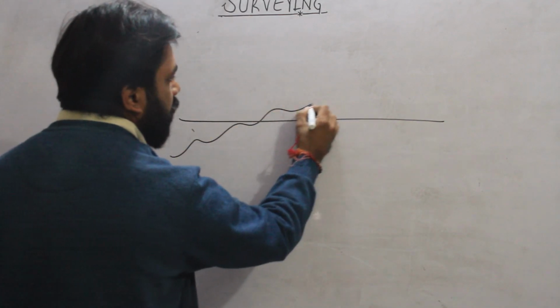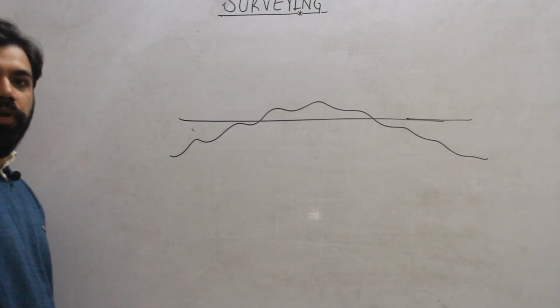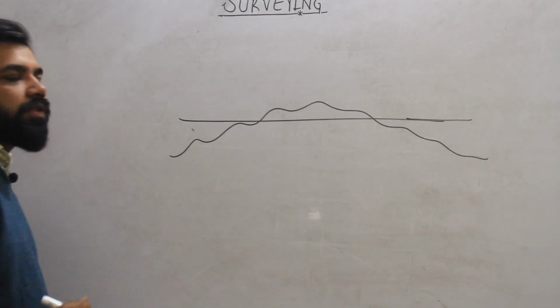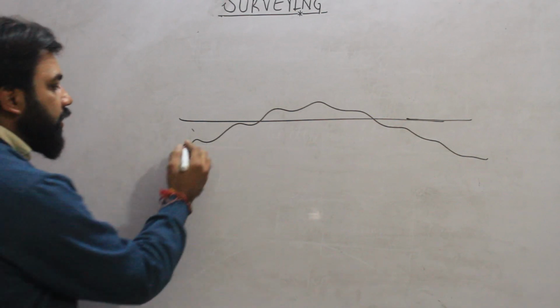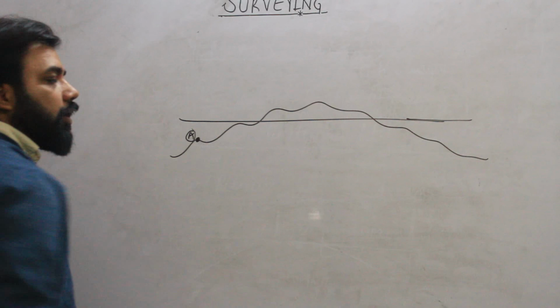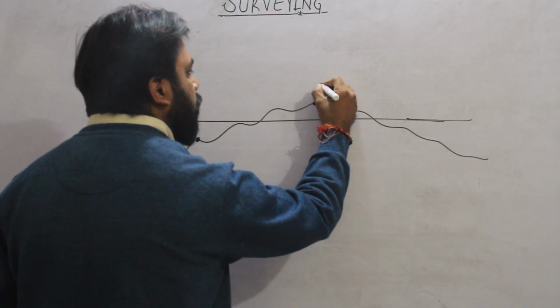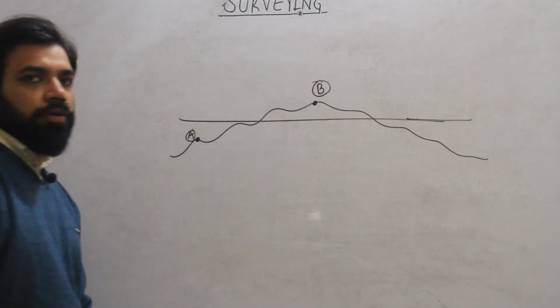Suppose this is the surface of earth. I have taken the surface of earth, and I have picked a point here, A, and we have taken the point here, B.